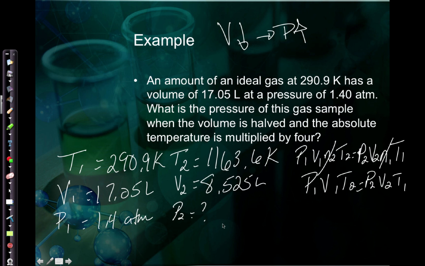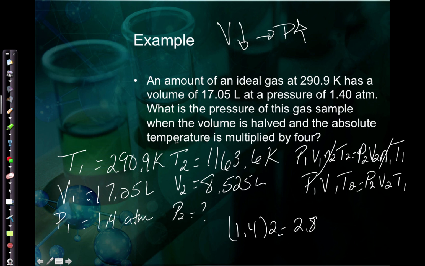So my original pressure is 1.4. If I halve the volume, my pressure should increase by 2 as well. So volume goes down by 2, pressure goes up by 2. So I could multiply this by 2 and get 2.8. And that would be the answer if that's the only thing that was happening.